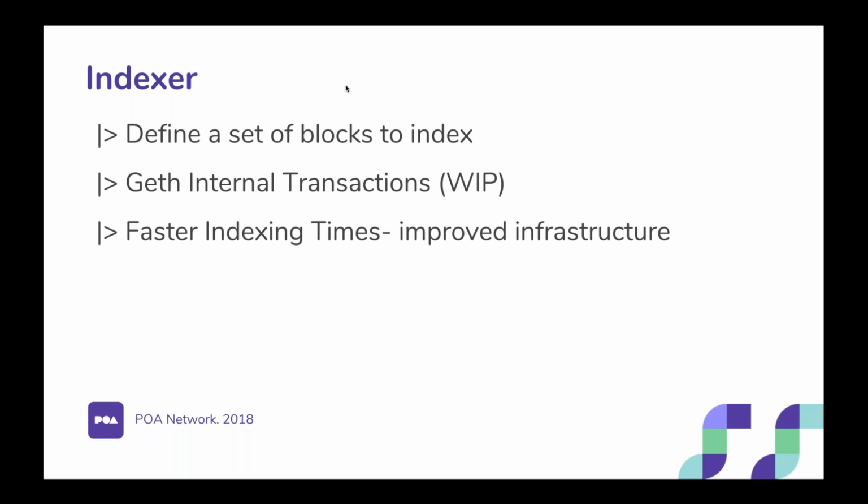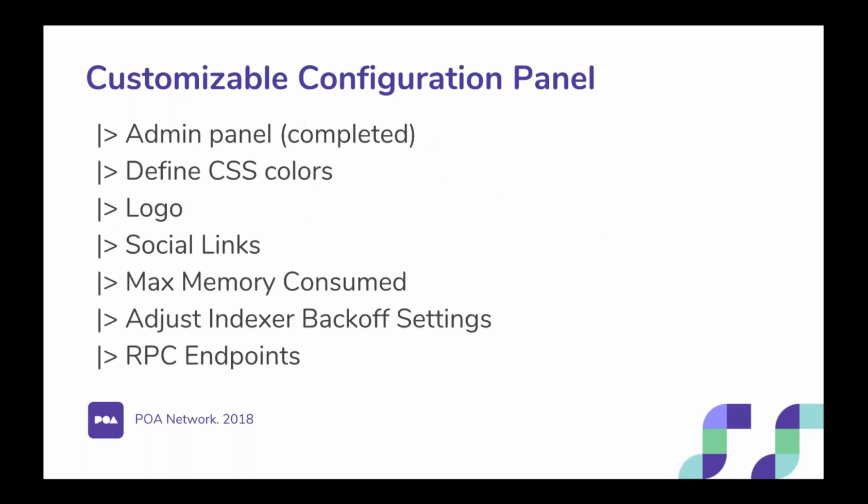As I mentioned before, we're working on faster indexing time, and to do that we feel we need more nodes and to be able to call a cluster of nodes so we can index more concurrently. We've also been asked about configuration: if a user deploys BlockScout, there are different configuration settings all over each one of the applications.